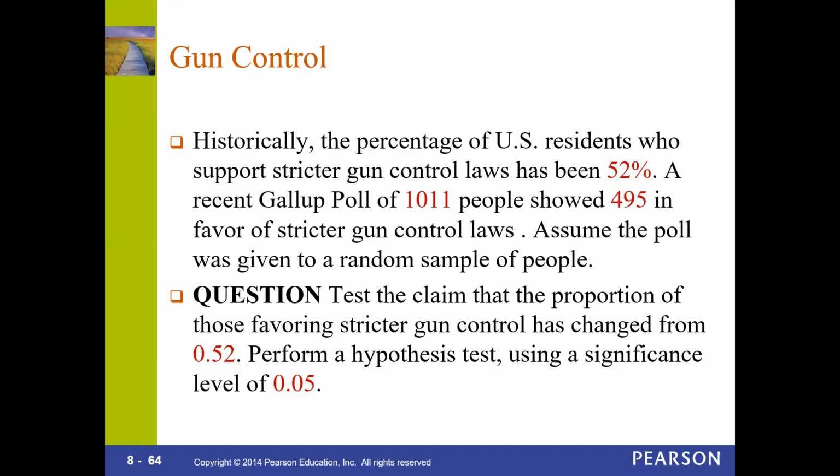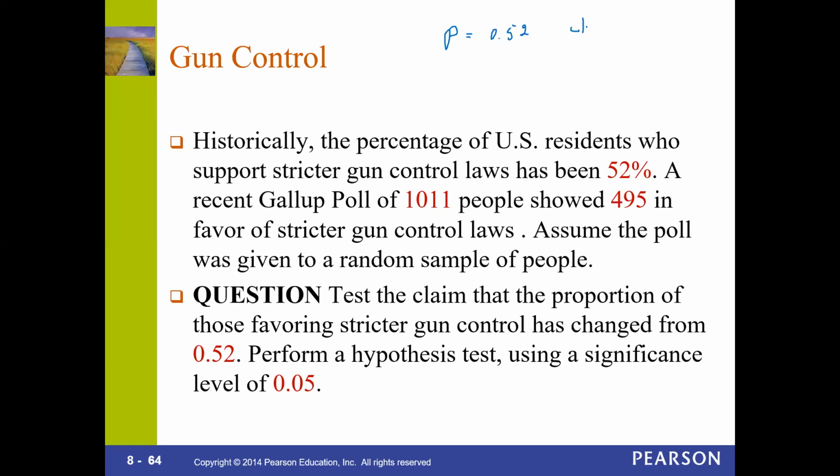So here, the general idea that is acceptable is that 52% of people support stricter gun control laws. Okay, that's the mean, and I have my P as 0.52. So we want to know whether this idea has changed. Okay, this is a claim.